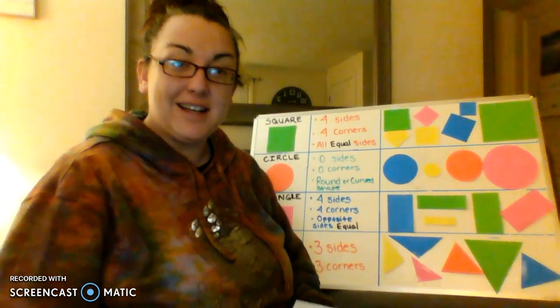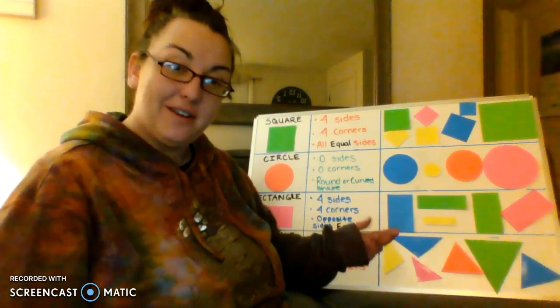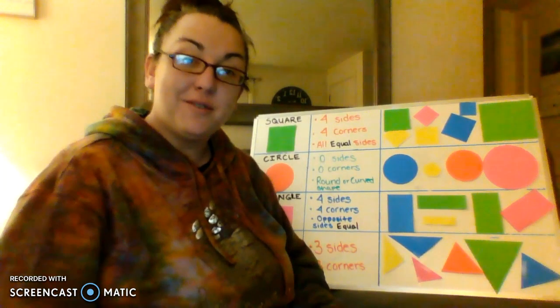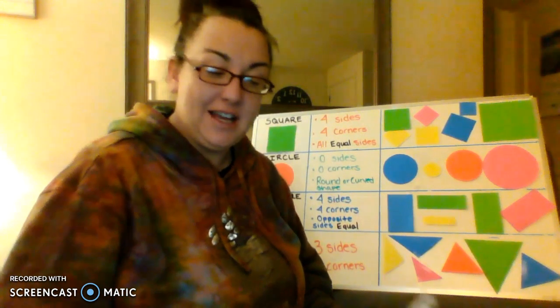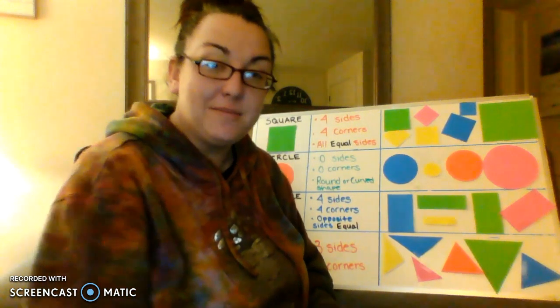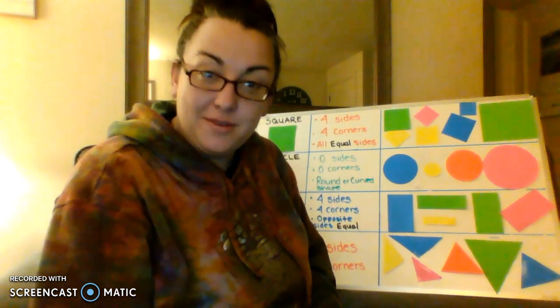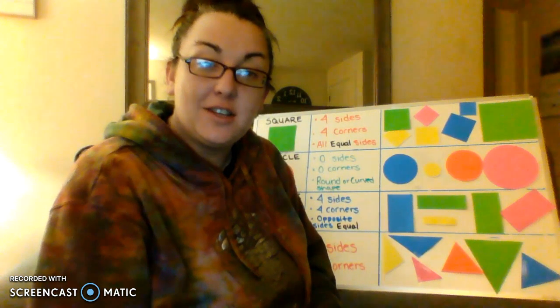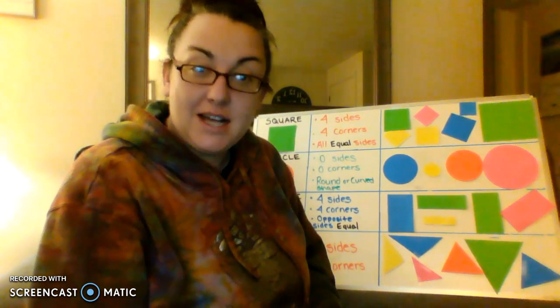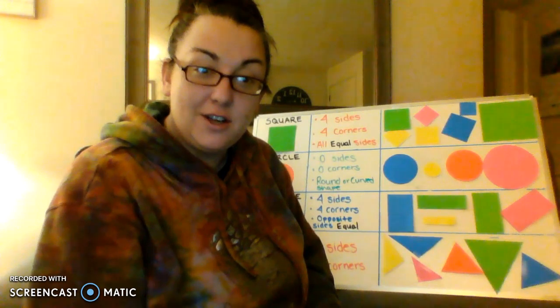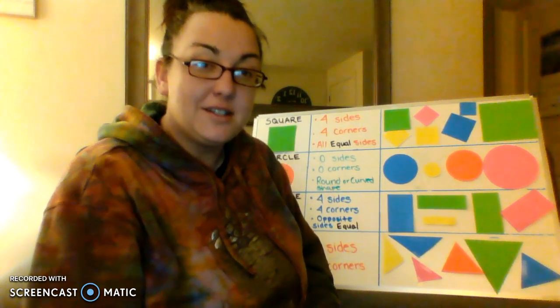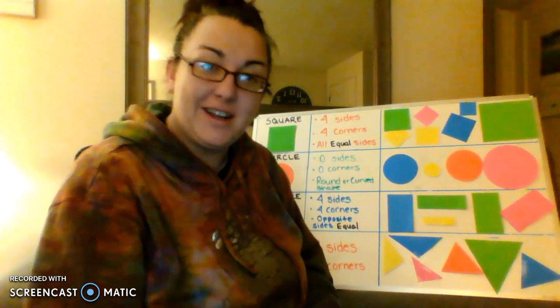Now that we're all done classifying and reviewing our work, let's review what we learned today, okay? So we learned that shapes can be defined by their attributes, and that shapes do not have to be the same size or orientation or color to still be the same shape, right?